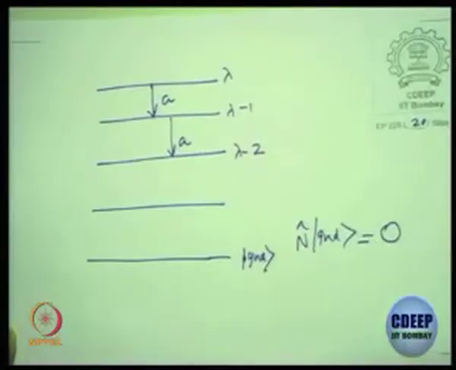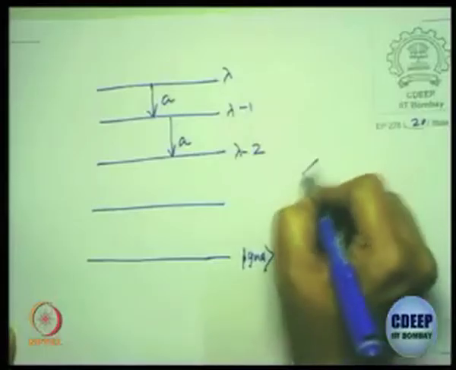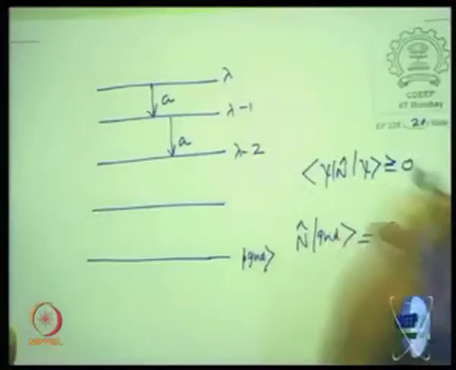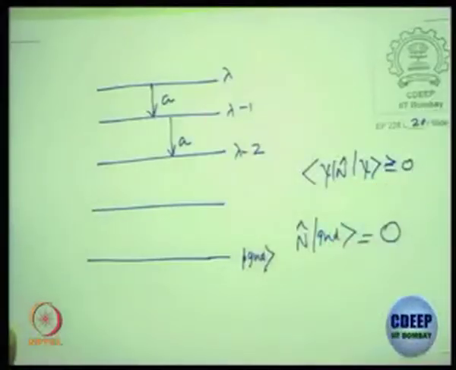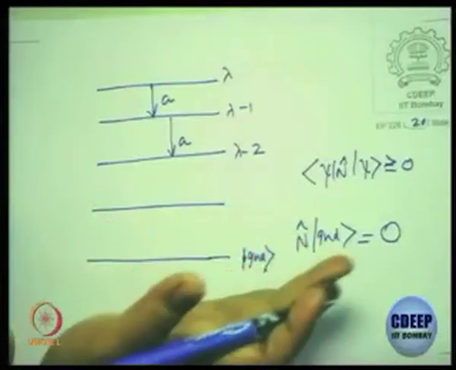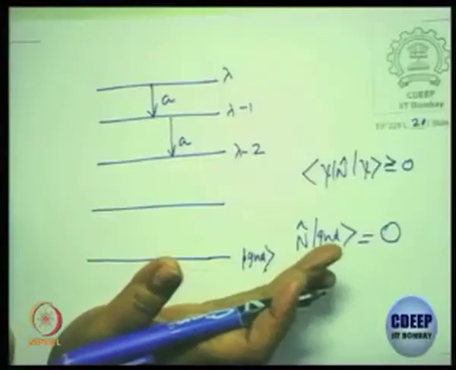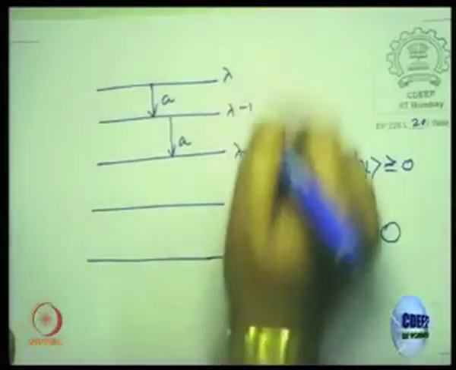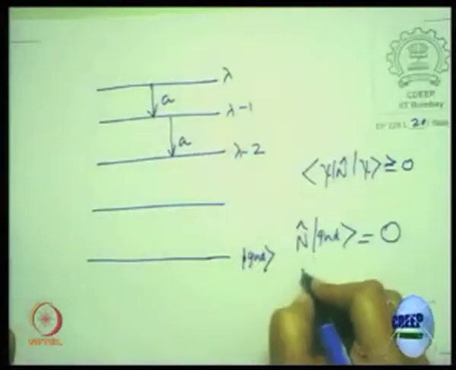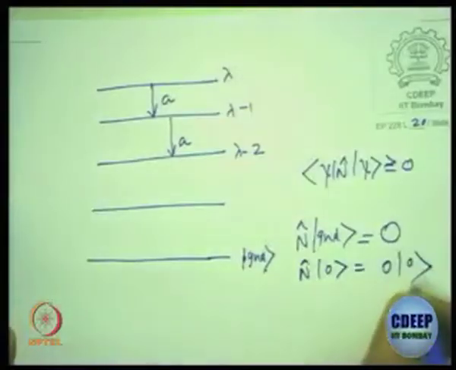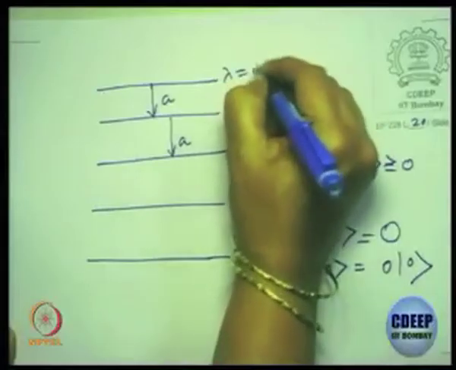You can't go below that, because on any state, n operator on any state has to be greater than or equal to 0. This forces you that you cannot go below the lowest state. Okay, and this is possible. If you go through these, it's possible to reach a state which is 0, lambda will be 0 times 0, only if this is an integer, a positive integer.